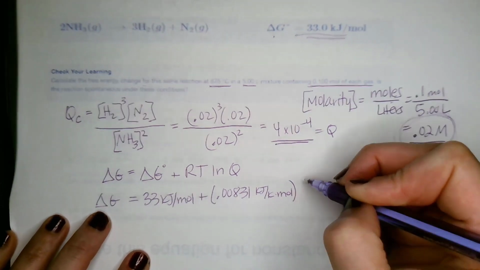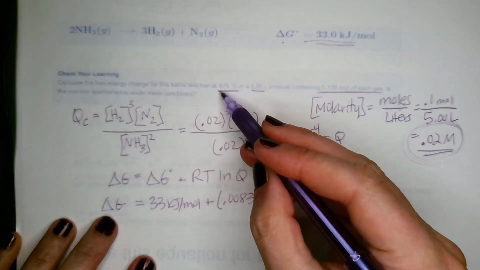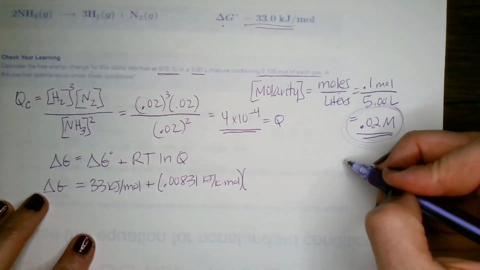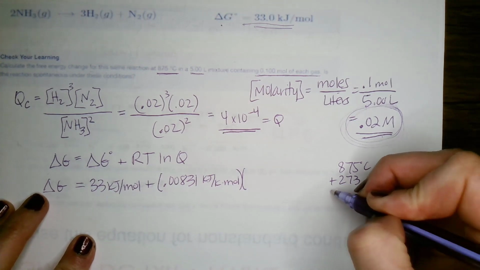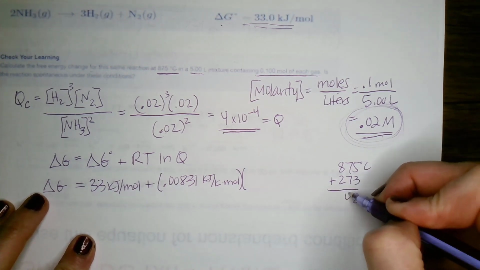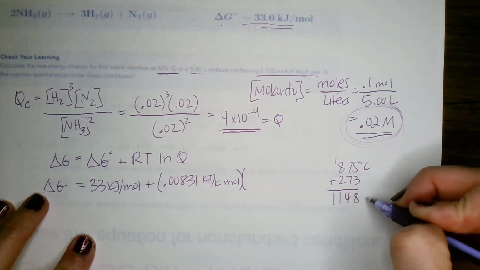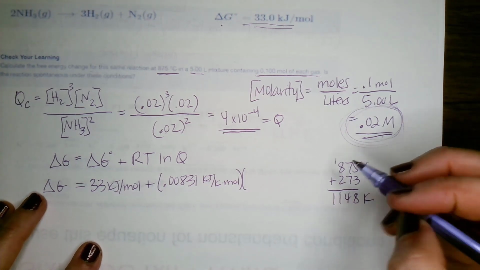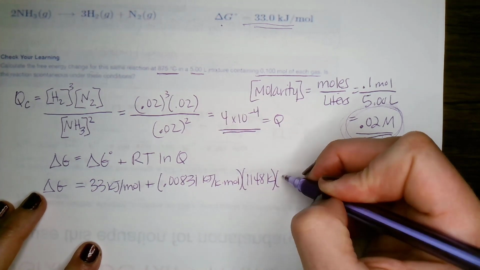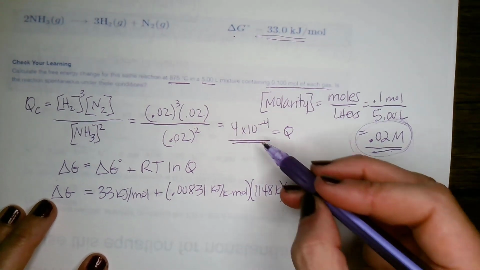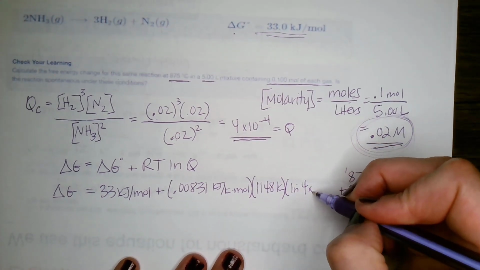That's our R. Our temperature, 875 degrees Celsius. Ooh, 875 degrees Celsius plus 273, 1148 Kelvin, times the natural log of Q, our 4 times 10 to the negative 4th.